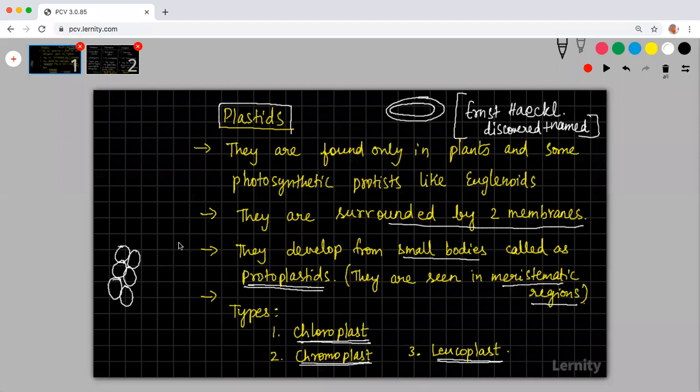No, euglena contains plastid. Euglena is an organism. Plastid is an organelle.